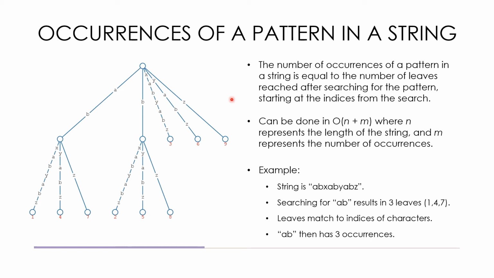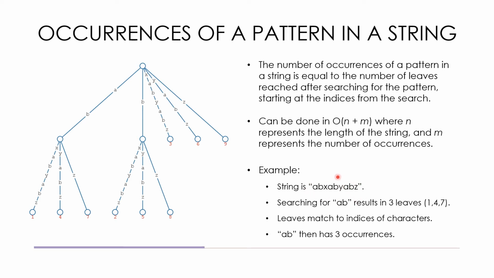So for example, we have this suffix tree, and the overall string is ABX, ABY, and ABZ. If we want to search for the number of occurrences of AB, we can look at the indices at which these happen. We have the first occurrence, which starts at index 1, then we move up to index 4, we see another occurrence, then we move up to index 7 and we see another occurrence.